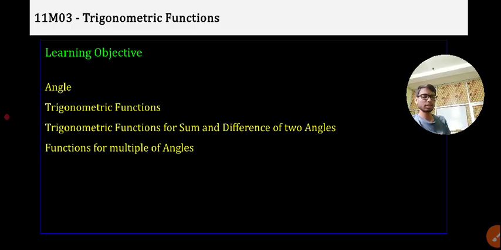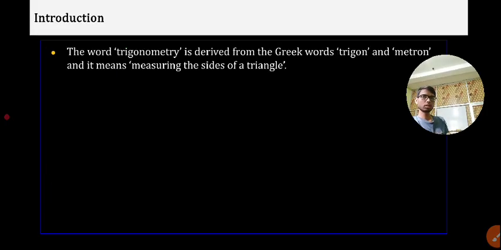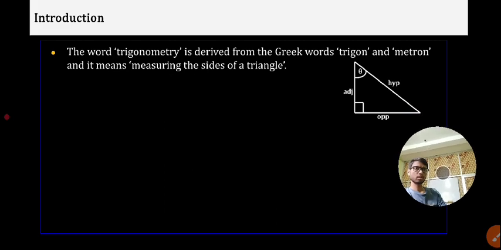This is our table of contents. First we will see what is angle, trigonometric functions for sum, functions for multiple angles, C plus D formula. The word trigonometry is derived... okay, we are familiar with this.